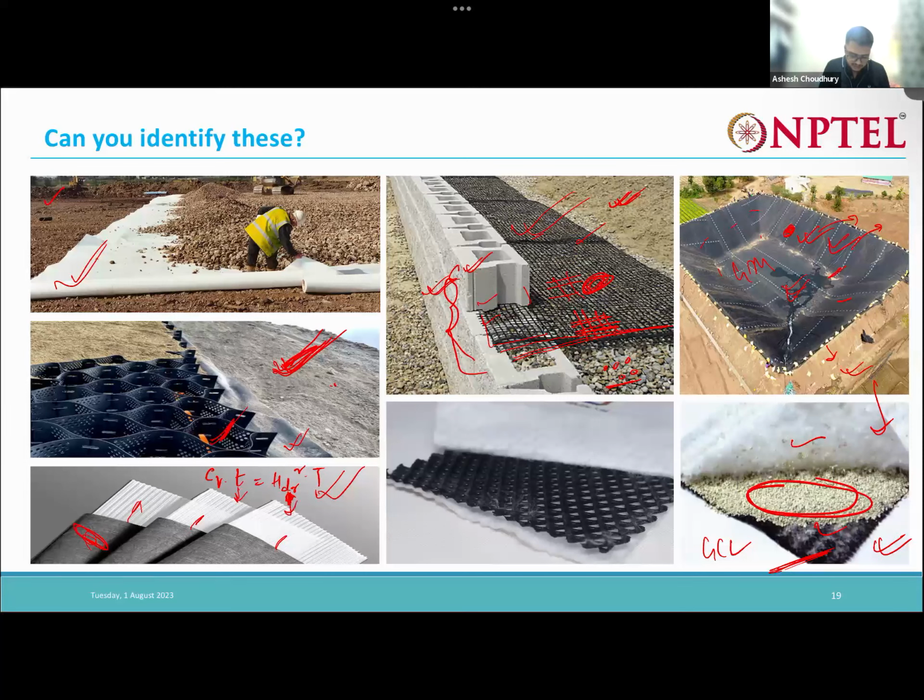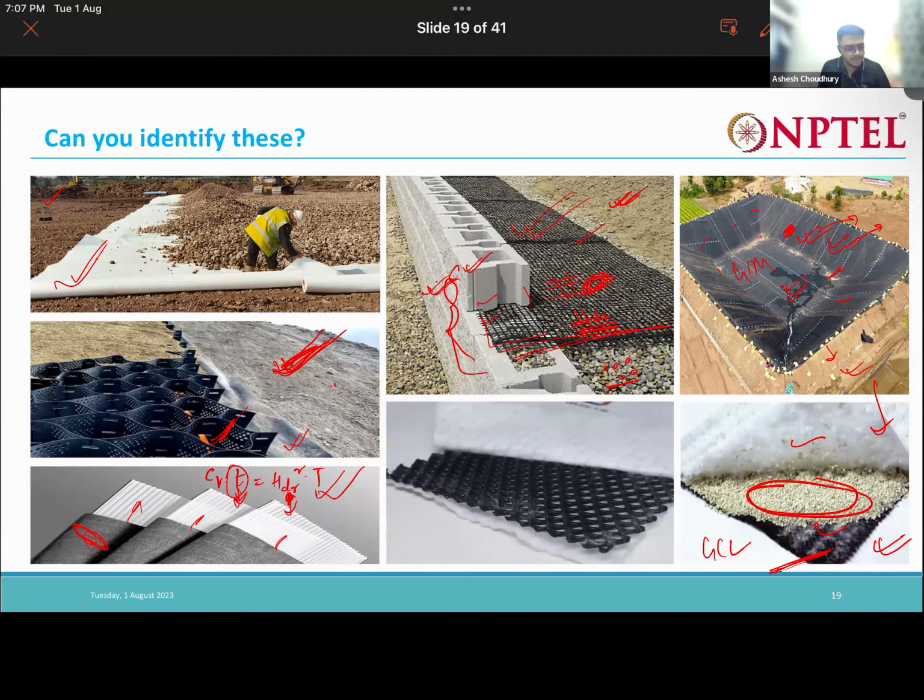If this drainage path reduces, this time will also reduce, right? So our main task by using PVD is that we are reducing the drainage path and we are allowing more drainage to occur, so that this time of consolidation also reduces.